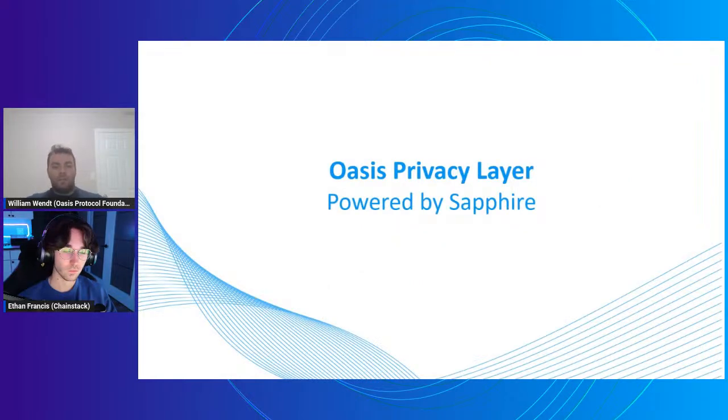So that was a bit about Sapphire, but once we launched Sapphire, again, the industry's first confidential EVM, we quickly discovered that the benefits and the privacy offered by Sapphire are not limited to only applications built natively on the network.